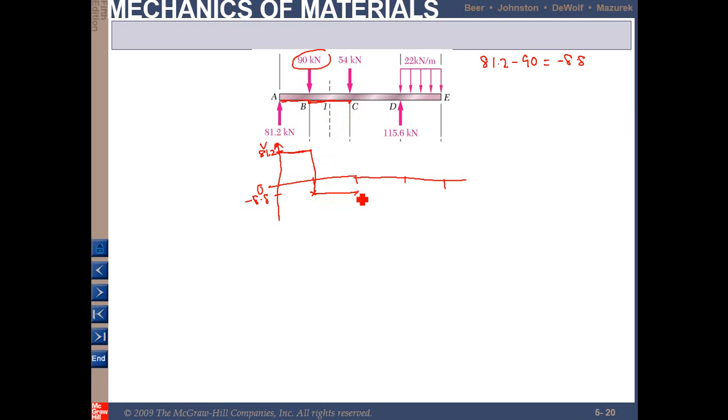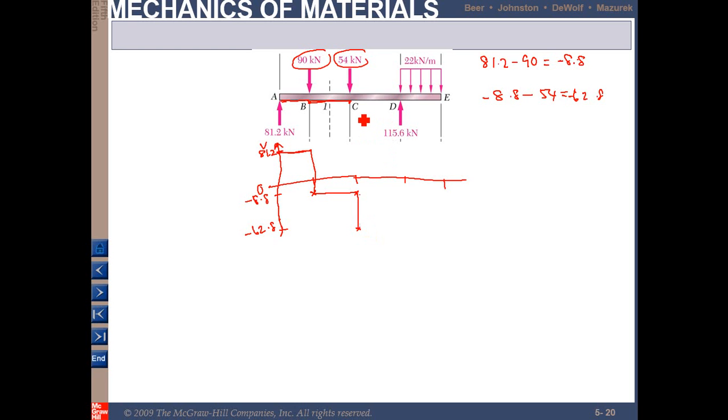So it will be a straight line, and then at point C you give another 54 kilonewton going downward. So minus 8.8 minus 54, you get minus 62.8. So this one will go down to minus 62.8.